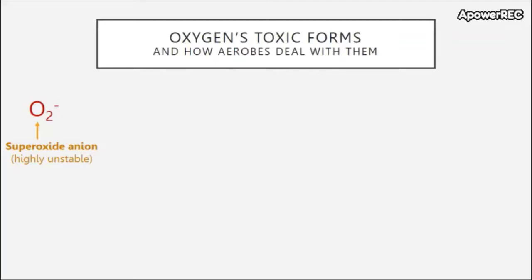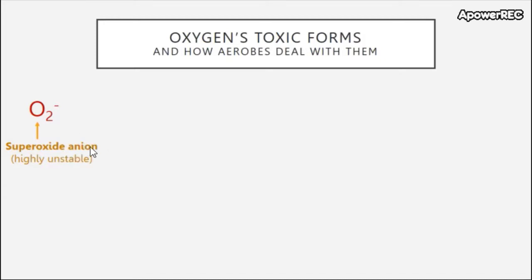They are toxic because they are highly unstable. So when they bump into biomolecules and macromolecules within or on the cell, they can react with them and turn them into things that are less functional. The first example that I'm going to list here is called superoxide anion.